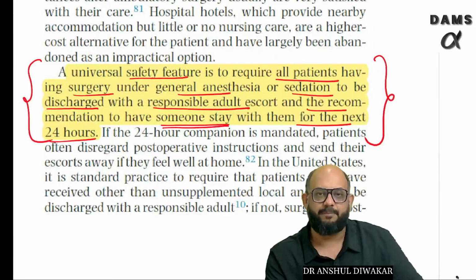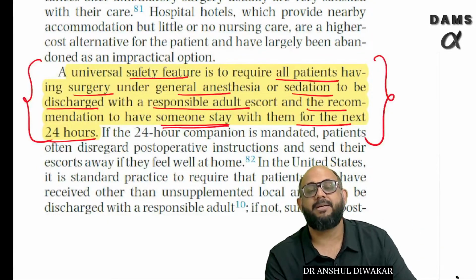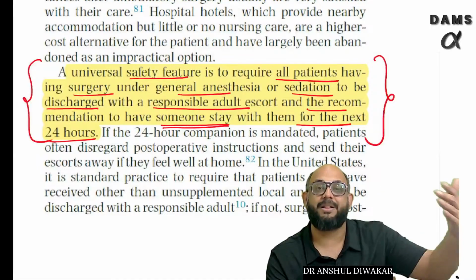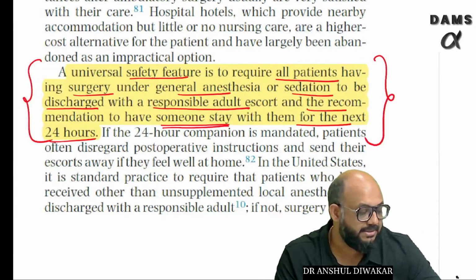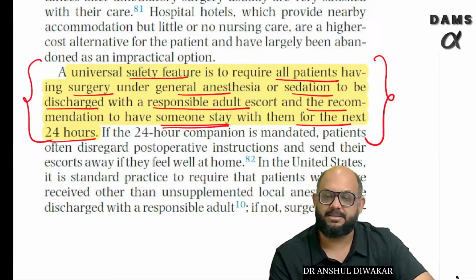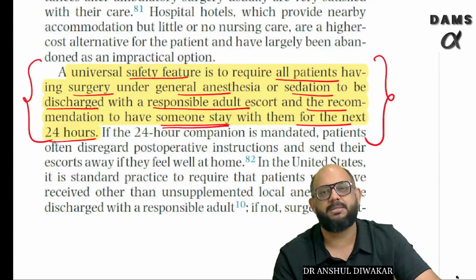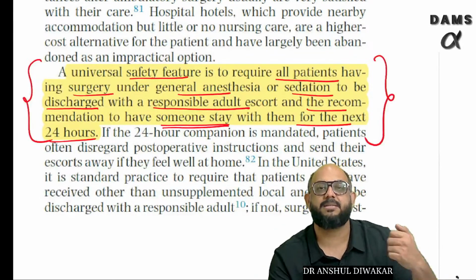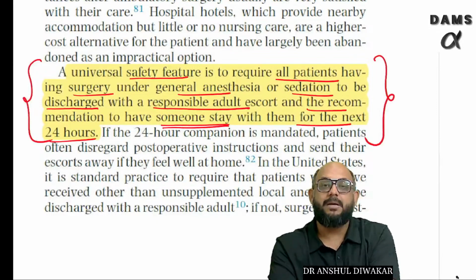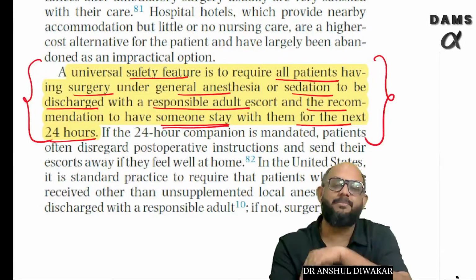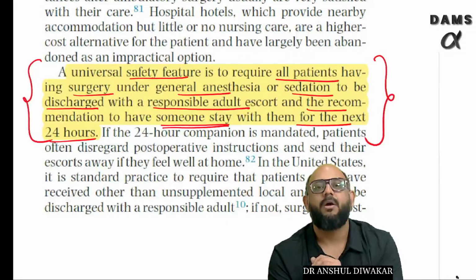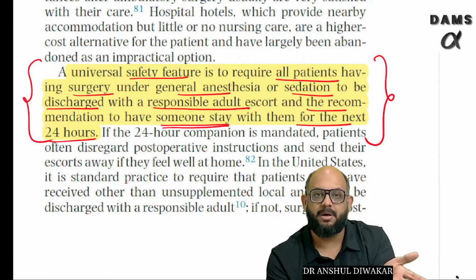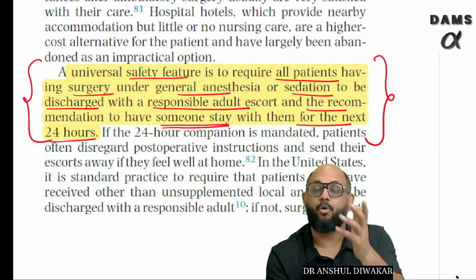And in the page before that, they said that now the criteria have been relaxed. ASA is not an absolute criteria. Like, ASA 3, you will never go for a daycare surgery is not the criteria. Because what they say is there are certain comorbidities which are managed better by the patient himself rather than the caregiver. For example, asthma, hypertension, obesity.